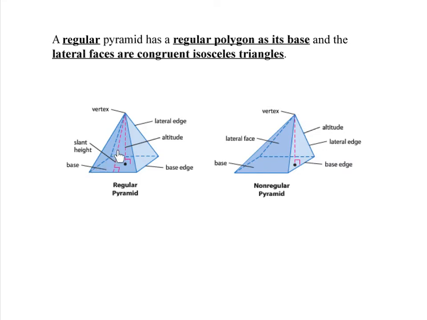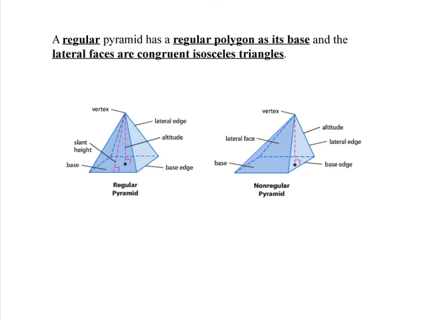The base is the bottom polygon. We have our lateral faces, which, if it's a square or a rectangular pyramid, there are four lateral faces. The lateral edges, we know an edge is a crease, so there's four of these right here. We can see those.